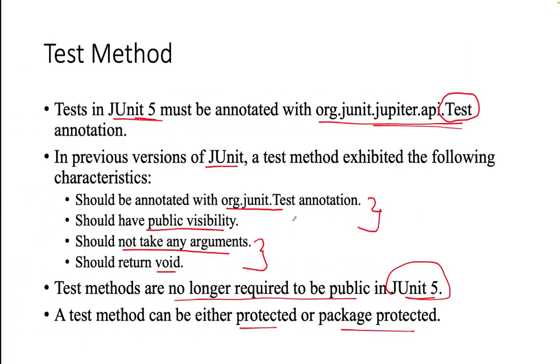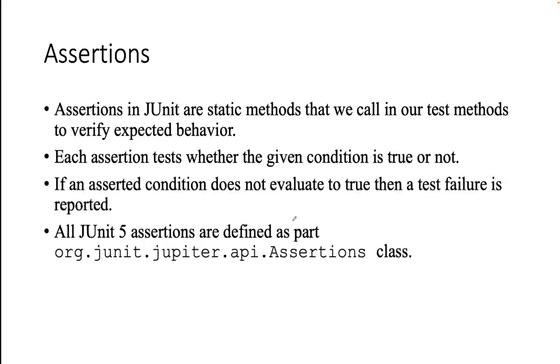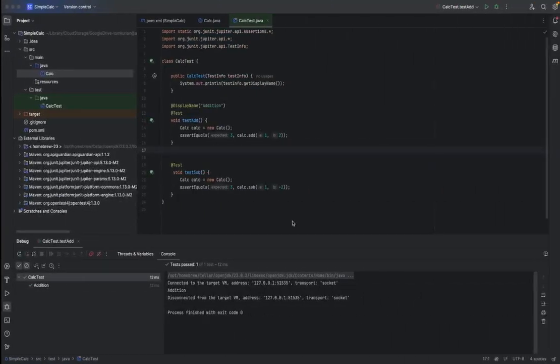So we saw test classes and test methods. Next, let's move on to assertions. So what are assertions? We already saw assertions over here. We use assertEquals, where we provide an expected value and we run a particular function or feature that we have implemented, and we check whether the feature outputs the expected value.